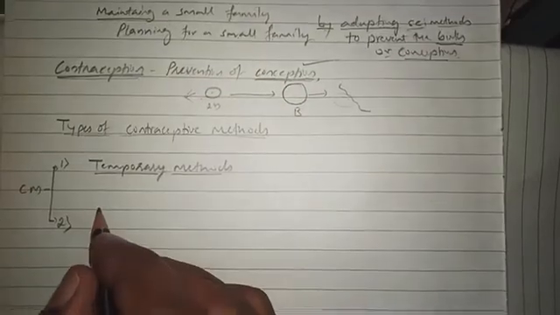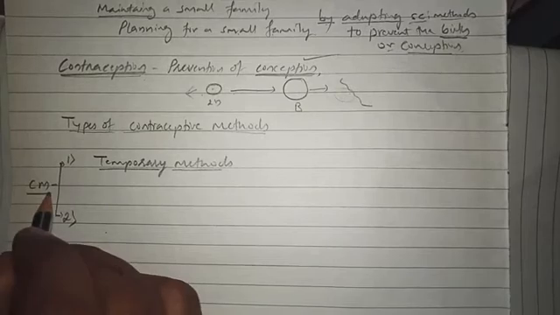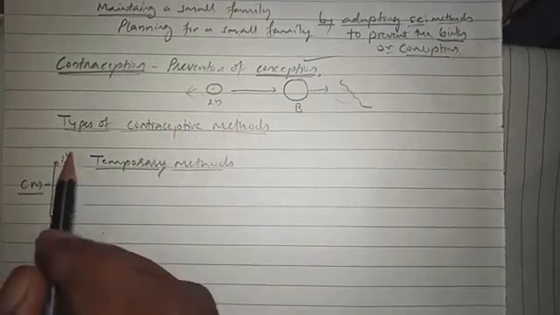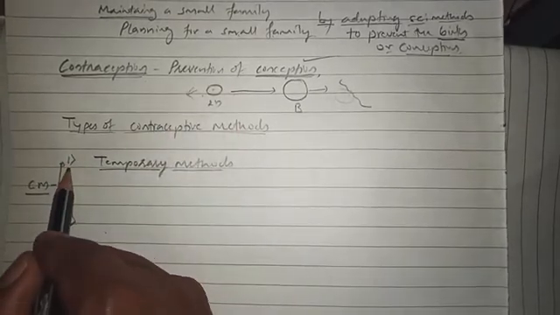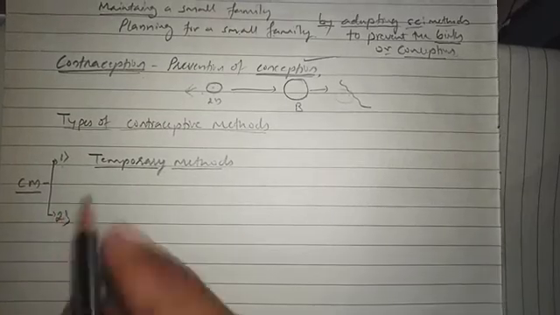You can observe here that the contraceptive methods are of two major types: one is temporary methods, another is permanent methods.